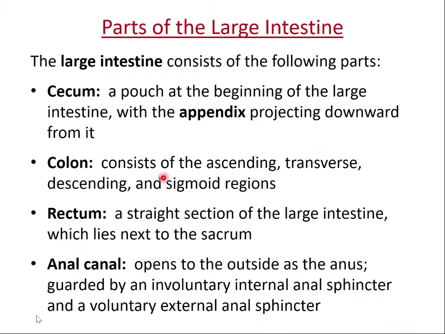Then we have the colon, which has several components, which we will look at next, which goes into the rectum and then into the anal canal, that is the opening to the outside. So even though we have mostly smooth muscles throughout the alimentary canal, once it gets to the anal canal, now we have voluntary muscles, internal and external sphincters that will control the passage of the feces that are collected.